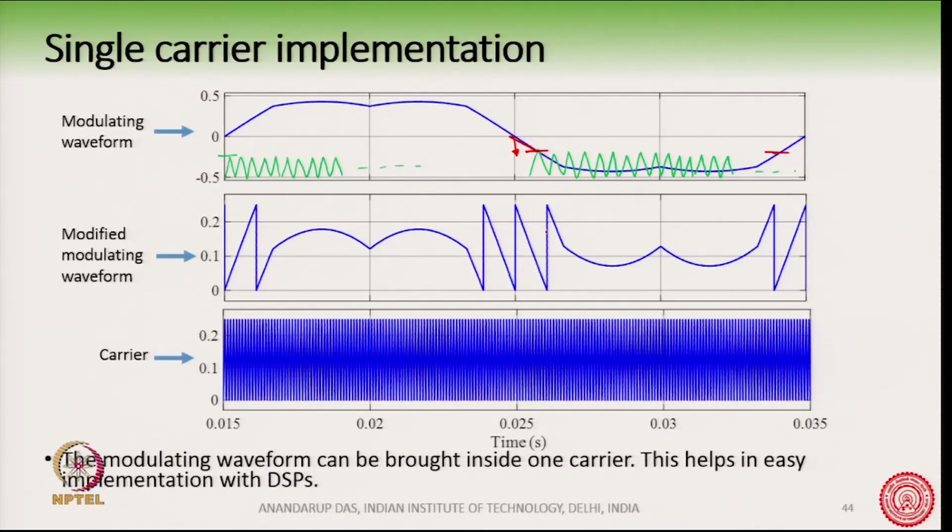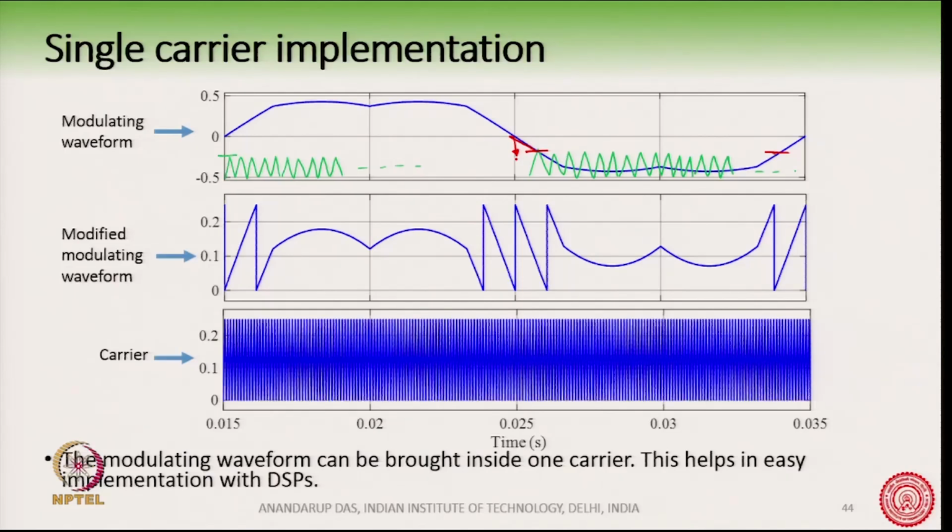You see this is the waveform here, and I have done a push down and brought it inside one carrier, because I want to implement the whole logic using a single carrier from the DSP. I have pushed it down and kept in mind that one level shift has been done.